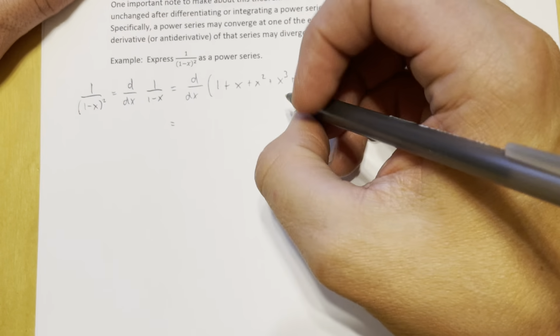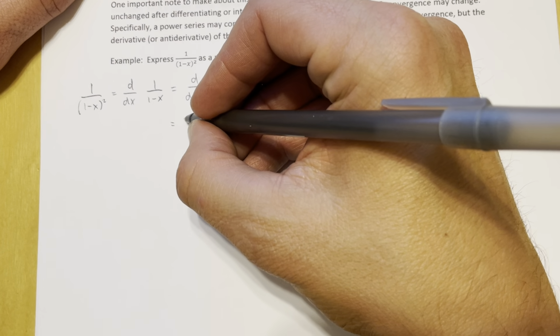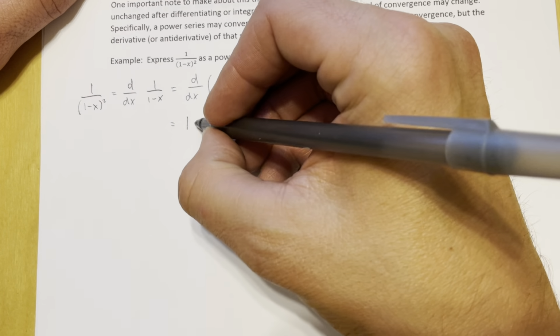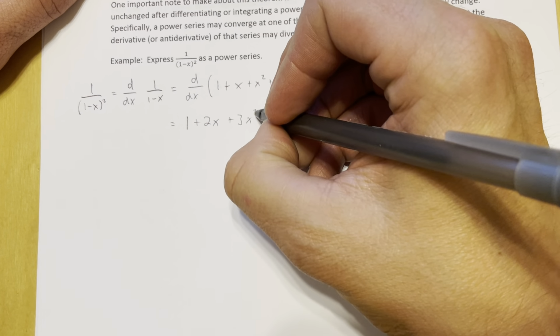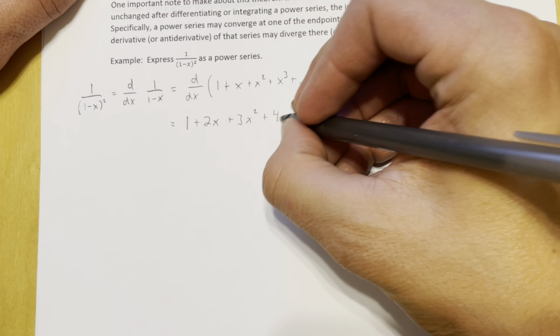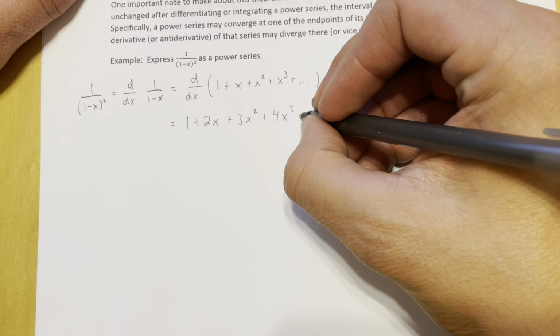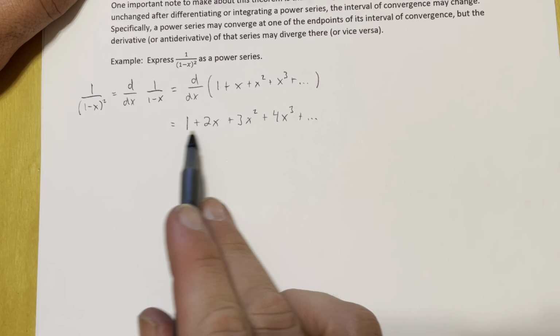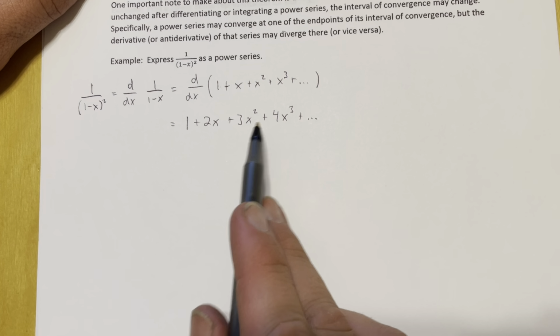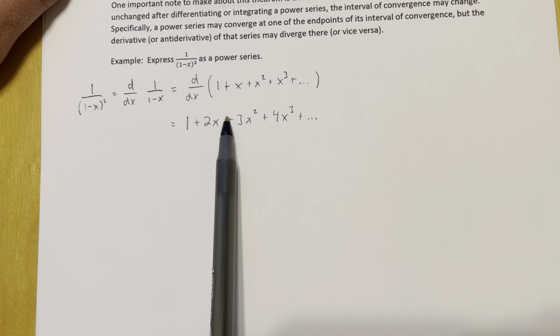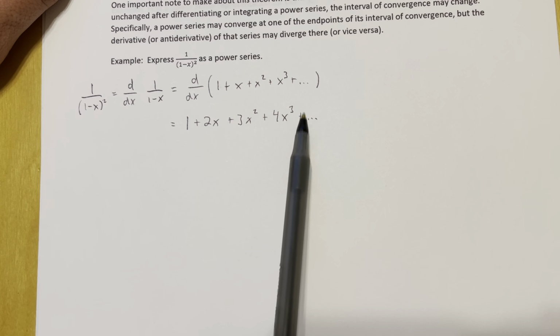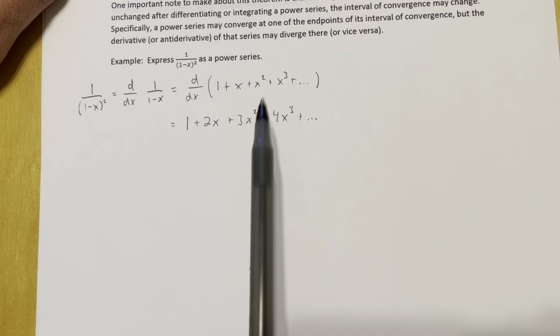So differentiate the 1 and get a 0. x, when I take its derivative, gives me a 1. x squared becomes 2x. x cubed becomes 3x squared. I would have had an x to the 4th after that, so that would have given me 4x cubed, and then so on and so forth. This power series is the representation of this function as a power series. And not only that, this will have the same radius of convergence as this one, which is 1.